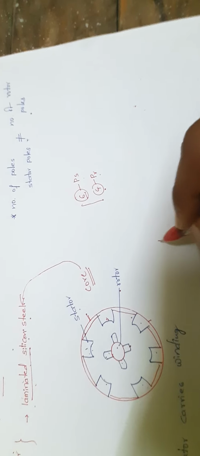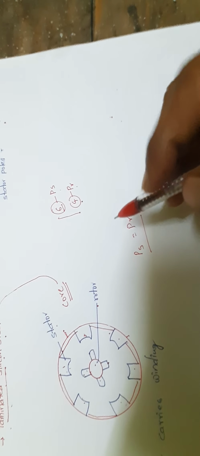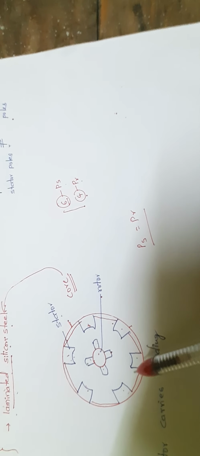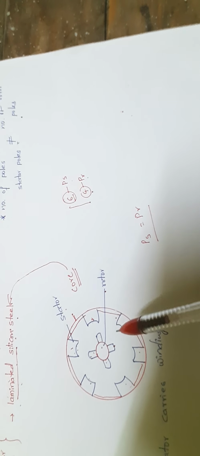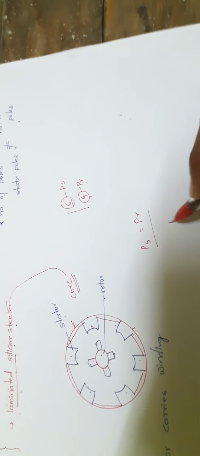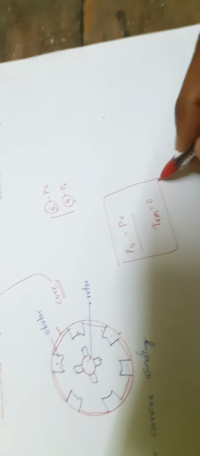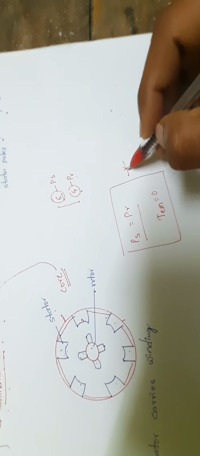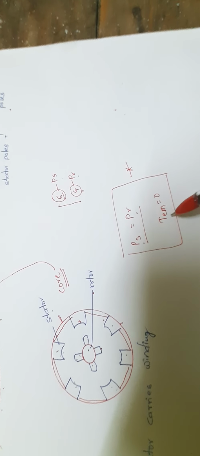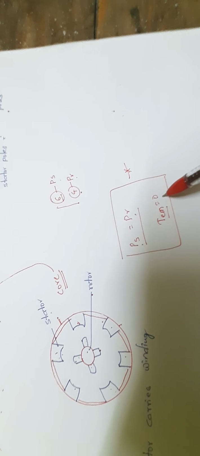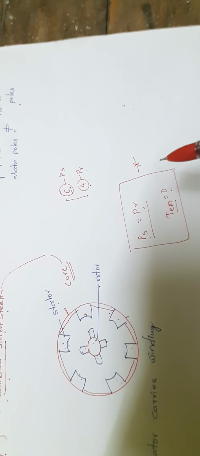If the number of stator poles equals the number of rotor poles, due to the magnetic locking between the stator magnets and rotor core, the production of electromagnetic torque will be equal to 0 in this condition.